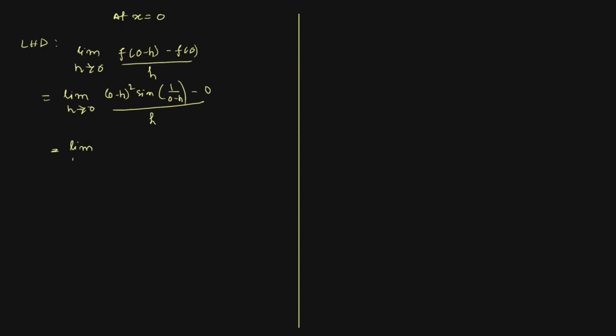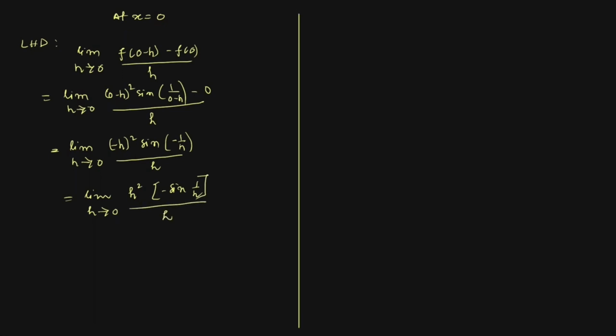limit h tends to 0, that is (minus h) whole square sine (minus 1 by h) divided by h, which is equal to limit h tends to 0 h square minus sine 1 by h divided by h.